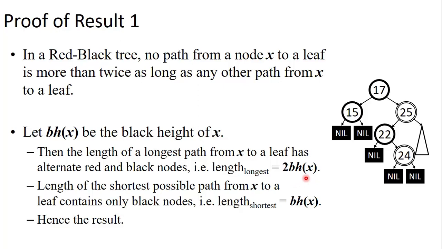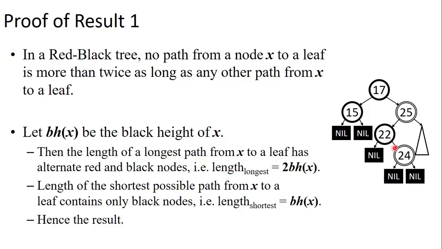Let's understand this with the help of an example again. Consider this path: 17, 25, 22 and 24. It has an alternating combination of red and black nodes, and this path again has a black height of 2.